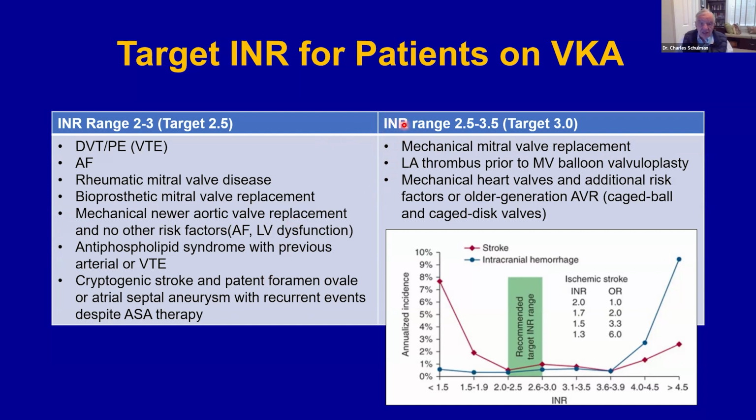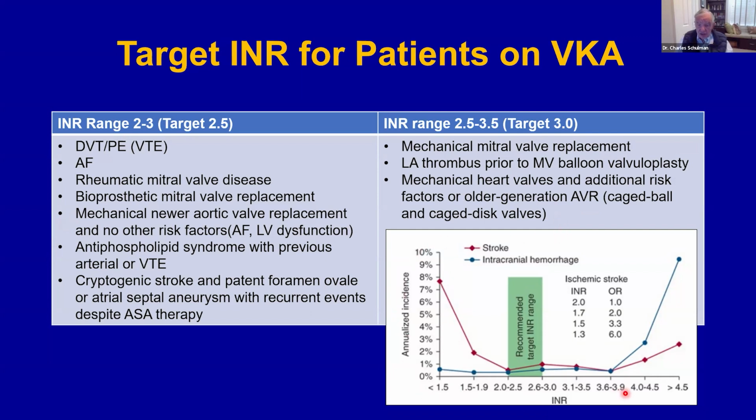The target INR is a little higher, 2.5 to 3.5, for mechanical mitral valve replacement, the older generation aortic valve replacements, the cage ball and cage disc valves.